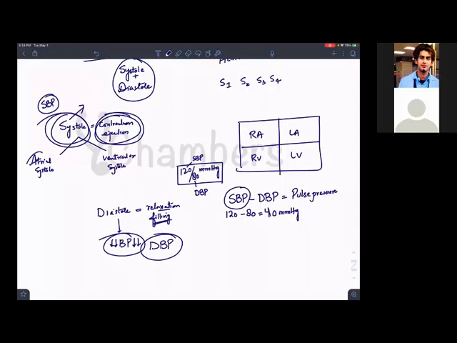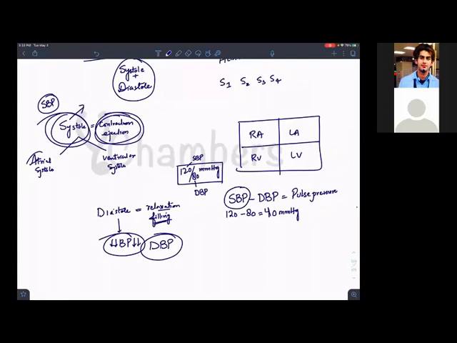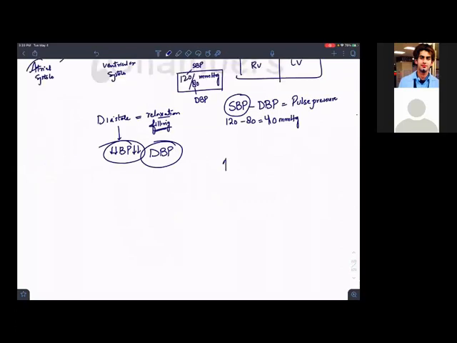Now I want to tell you some things about this pulse pressure. It changes in some diseases. For example, a condition in which the patient has a high thyroid level, T3, T4, which we call hyperthyroidism. In hyperthyroidism, the patient has an increased systolic pressure and a decreased diastolic pressure.